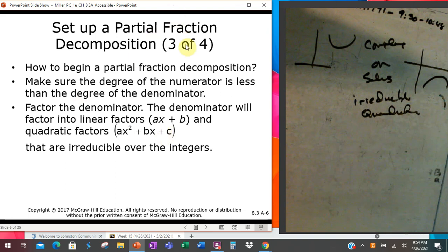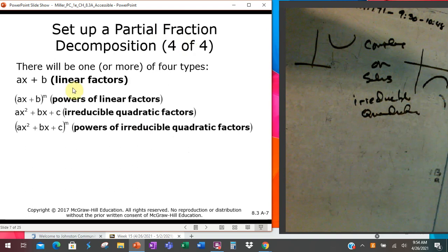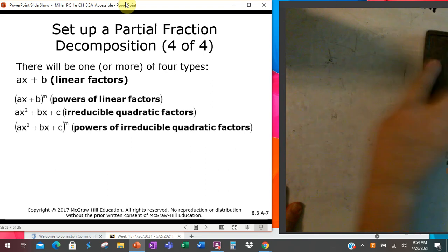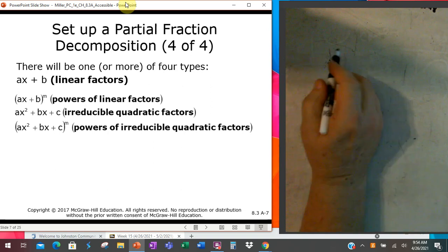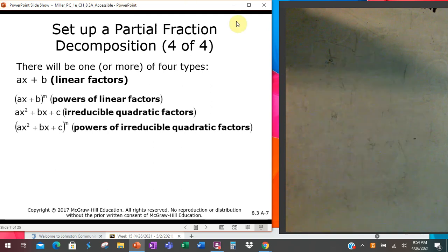So we have a couple of different types once we do this. So once I factor the denominator, I either end up with linear factors, just each individual type.